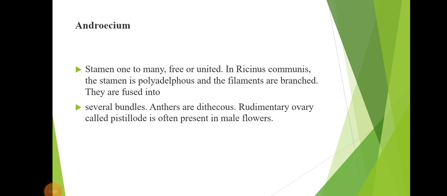In Ricinus communis, the stamen is polyadelphous and the filaments are branched. They are fused into several bundles. Anthers are dithecous, and a rudimentary ovary called pistillode is often present in male flowers.